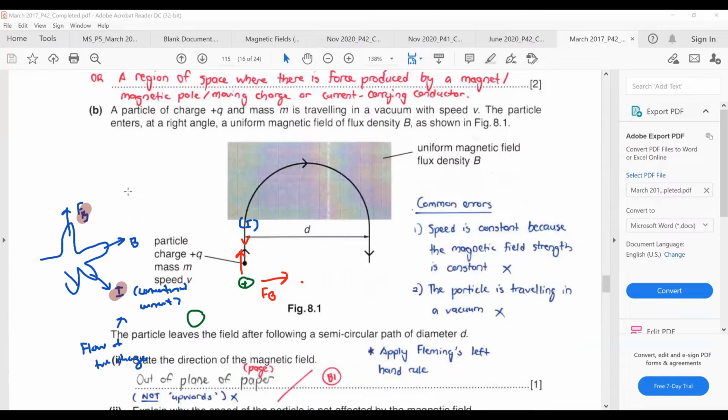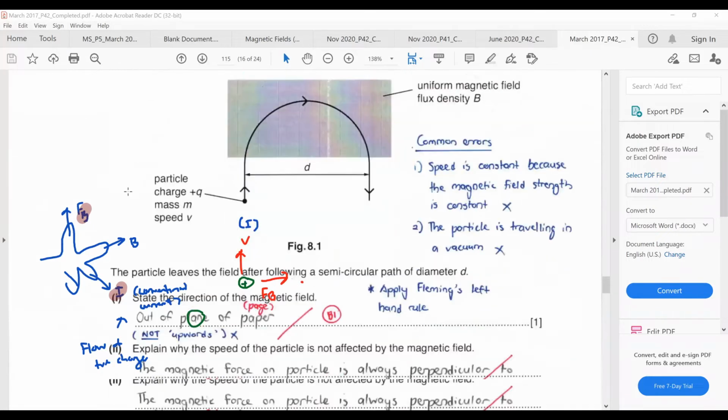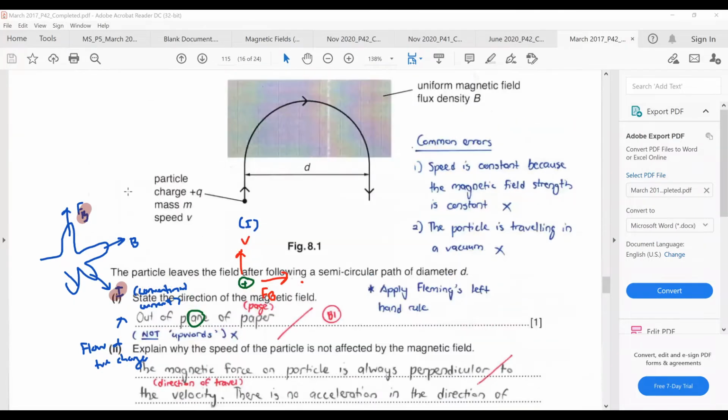And then here the question is asking you subsequently, why isn't the speed of the particle affected by the magnetic field? Right, so here you need to be careful about the wording they use. The wording they use here is speed, not velocity.